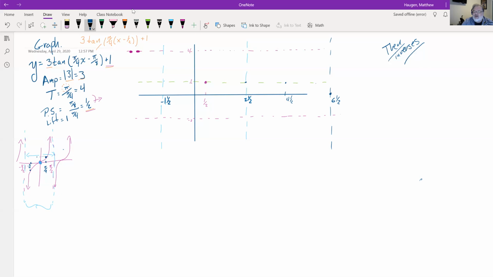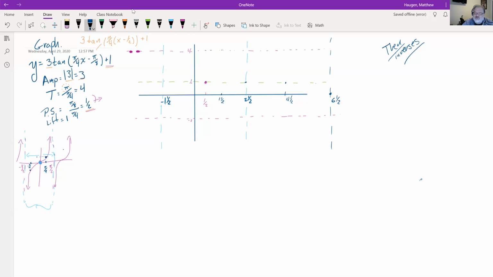So we can actually do the same thing with tangent. If we want to consider that amplitude, we could go halfway between those two. Halfway between 1.5 and 2.5 is what? Well, 1.5. So at a quarter of the way through that sweep, instead of being 1 above the center line, we're going to be 3 above the center line.